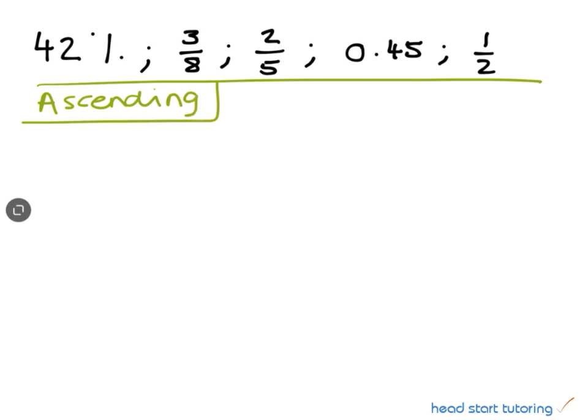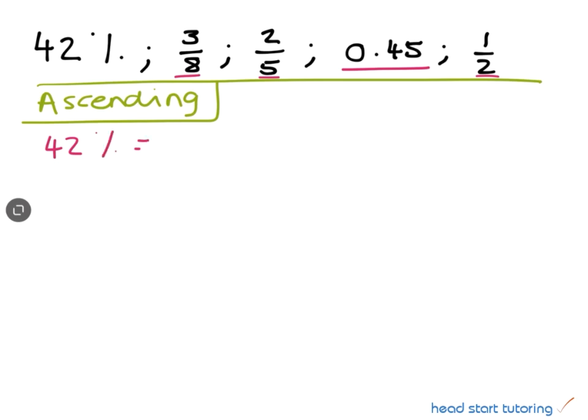We are going to convert each of these percentages and fractions into decimals, and we've already got our 0.45 in decimal form. What you can do is also convert each of these into a fraction and then get a common denominator and then compare your numerators. So that would also work, but because these fractions are quite simple to convert into decimals, let's work with decimals.